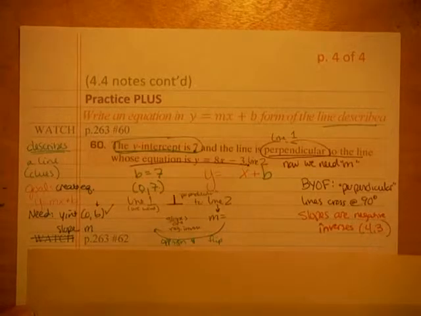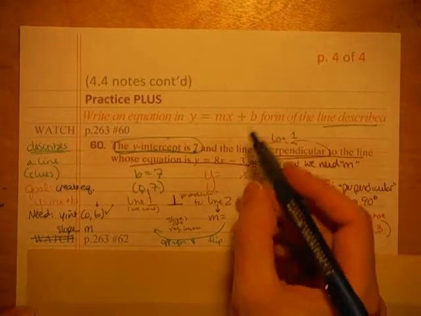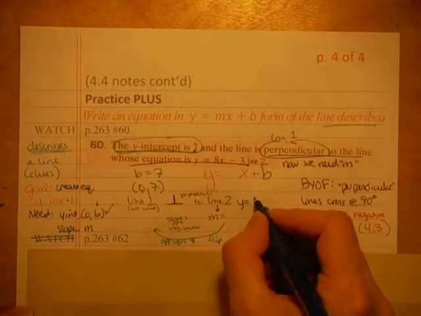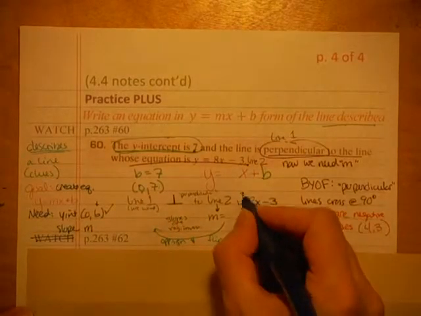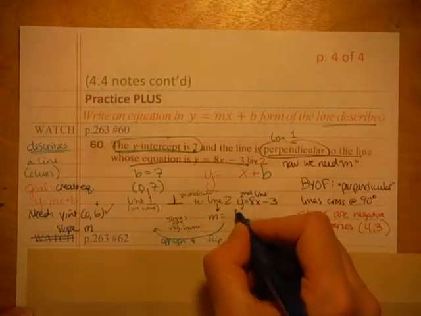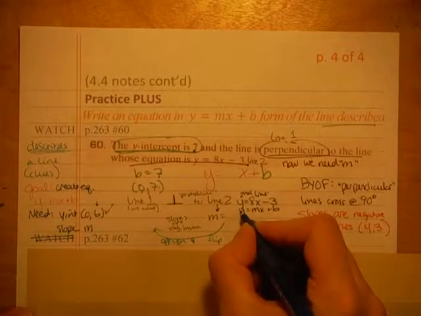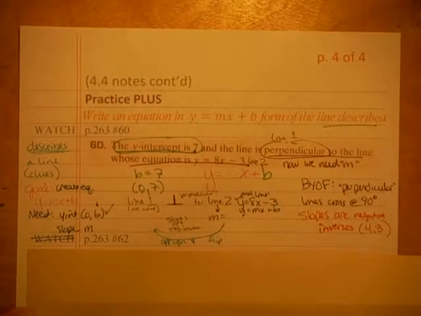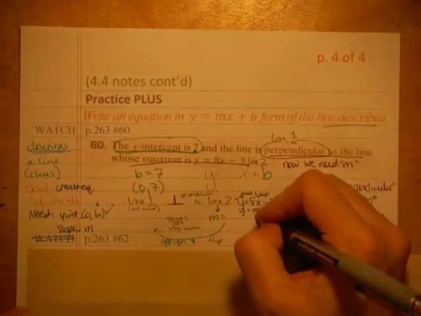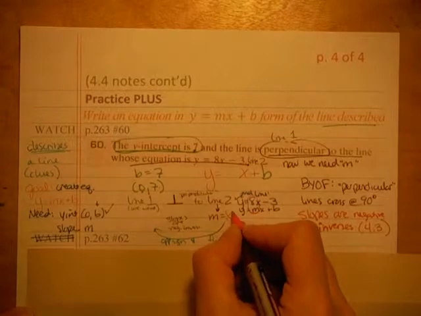So we want to know the slope of this second line, and we actually do know the slope of this second line. They tell us the second line is y equals 8x minus 3. It's perpendicular to this one right here. Well, this is in y equals mx plus b form. It's solved for y. So because it's solved for y, this number in front of our x here is the slope of the line that it's perpendicular to.